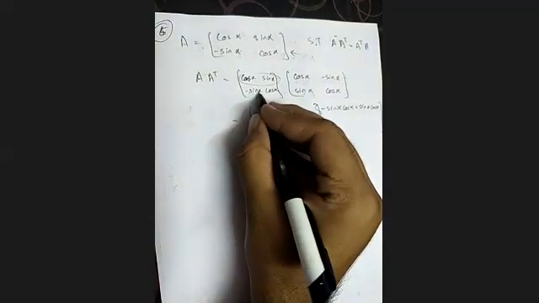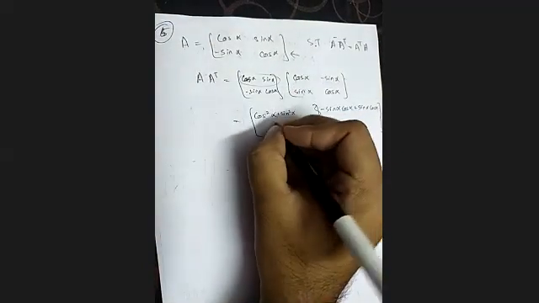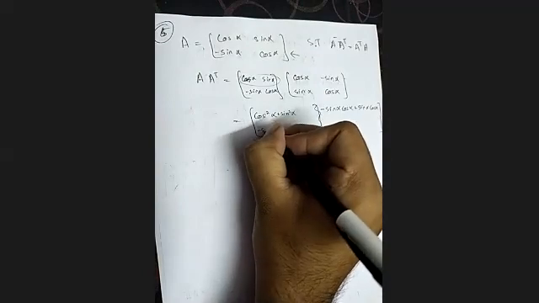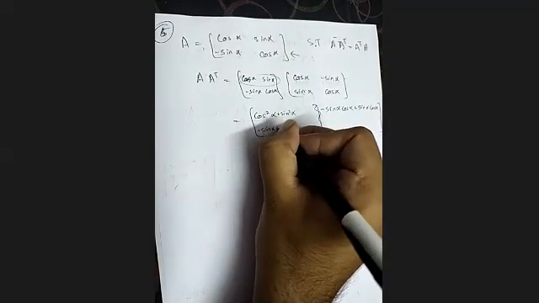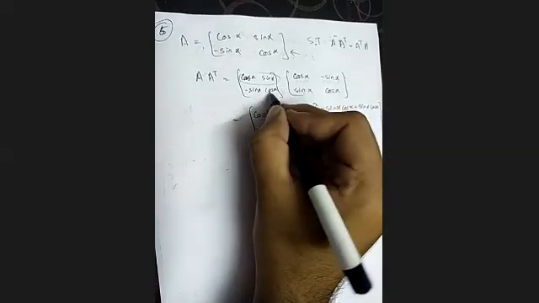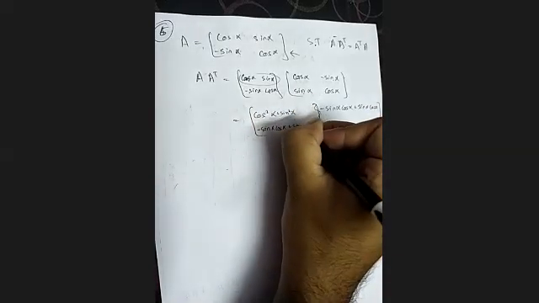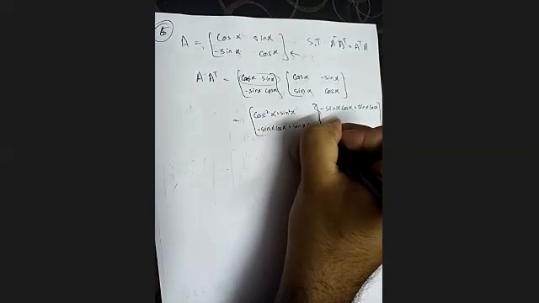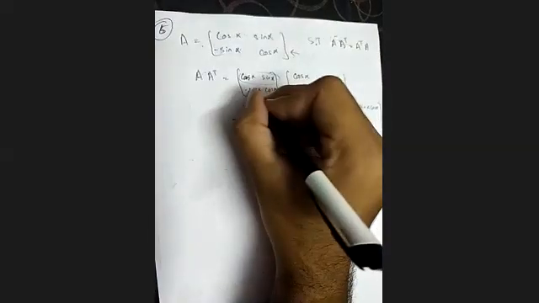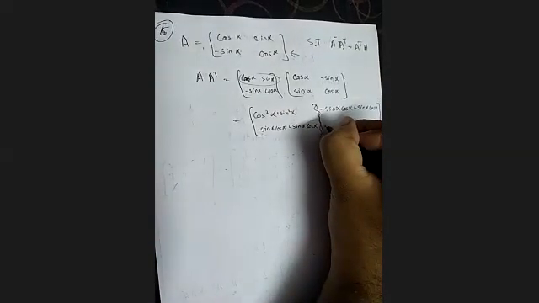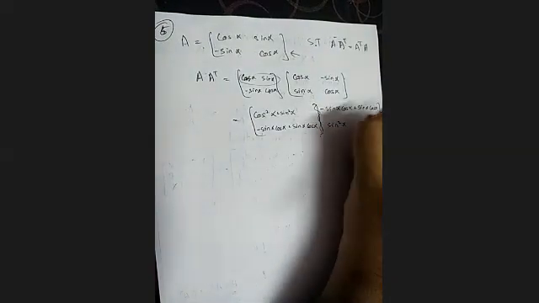Next, minus sine into cos will be minus sine alpha cos alpha. Cos into sine will be plus sine alpha cos alpha. Similarly, minus sine into minus sine alpha will be sine square alpha.